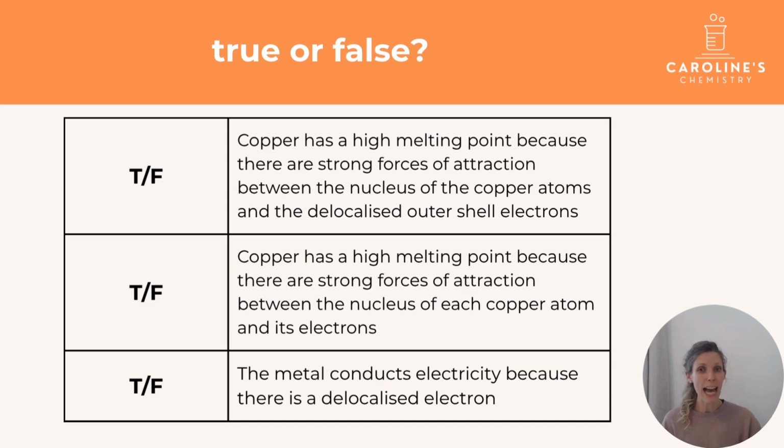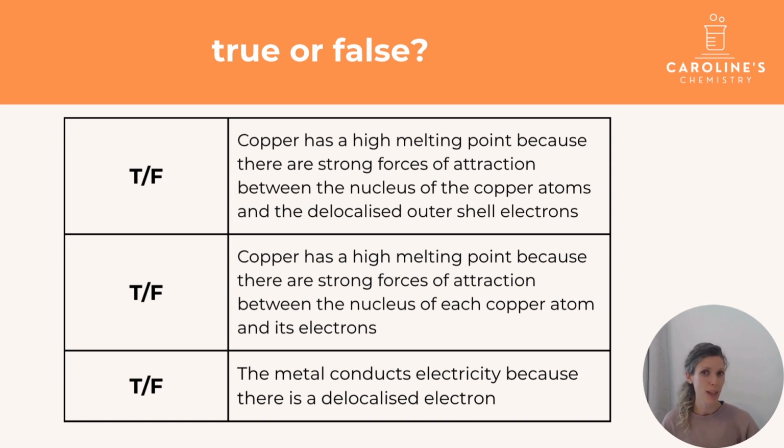It's only the outer shell electrons. So the first tweak we'd make to that statement is outer shell electrons. The second thing to add, which really bumps you up to those higher grades, is that a large amount of energy is needed to overcome the strong attraction between the nucleus of each copper atom and its outer shell electrons.